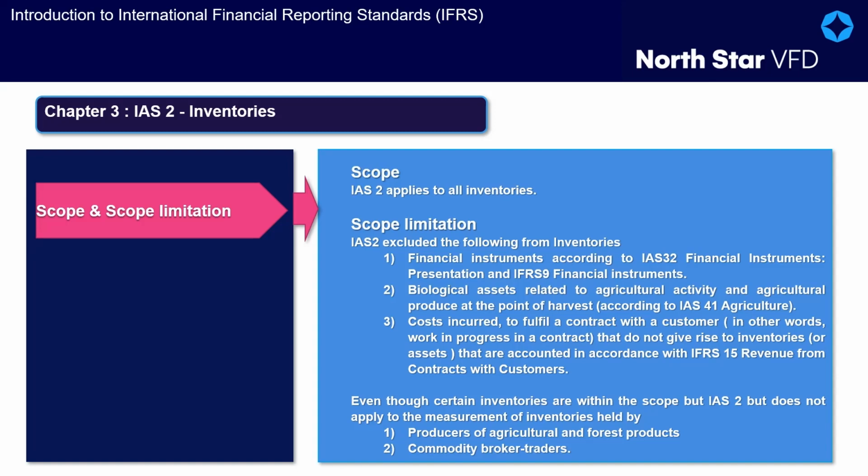When such inventories are measured at net realizable value, changes in that value are recognized in profit or loss in the period of the change. 2. Commodity broker-traders who measure their inventories at fair value less costs to sell. When such inventories are measured at fair value less costs to sell, changes in fair value less costs to sell are recognized in profit or loss in the period of the change.